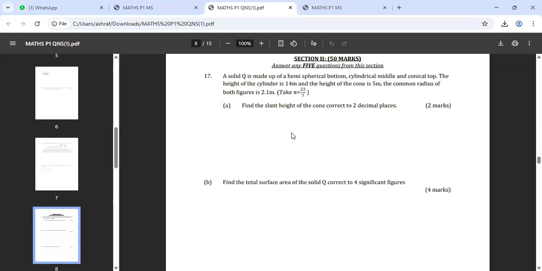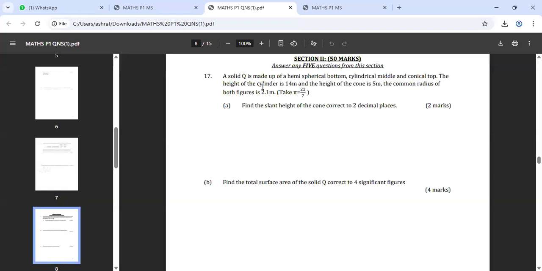Okay, so we have three surfaces: the hemisphere, the cylindrical part, and then the conical part. For the hemisphere it is 2 pi r squared. For the cylindrical part it is 2 pi r h or pi d h. For the conical part, we only have the curved surface of the cone, so pi r l.